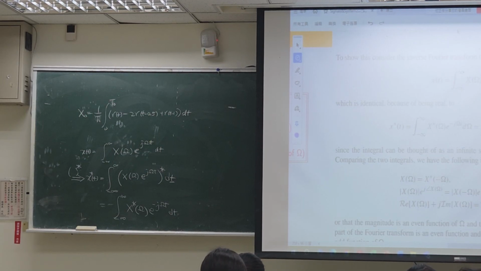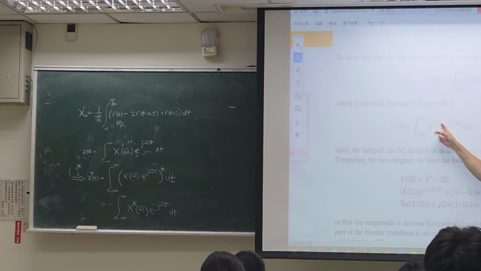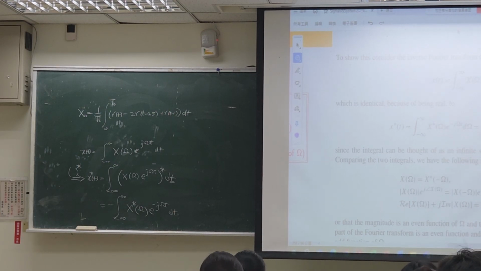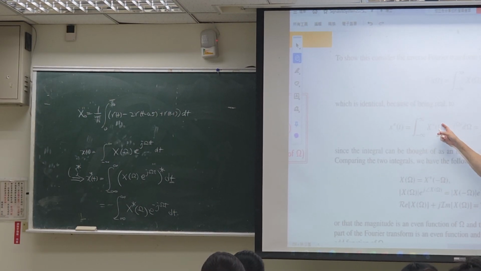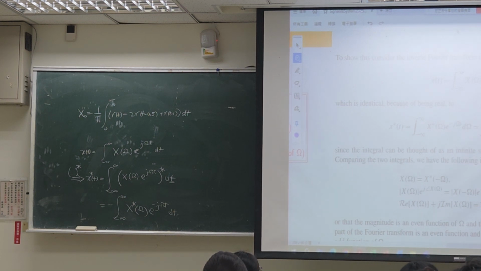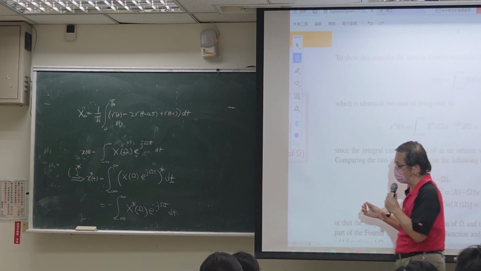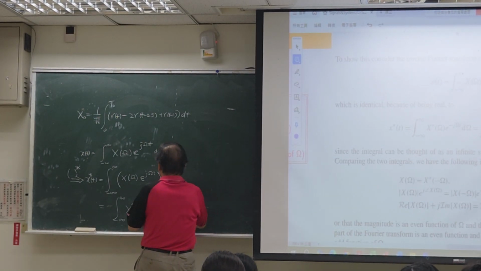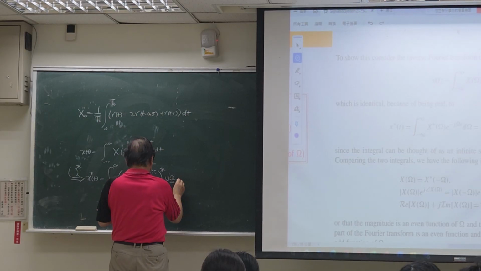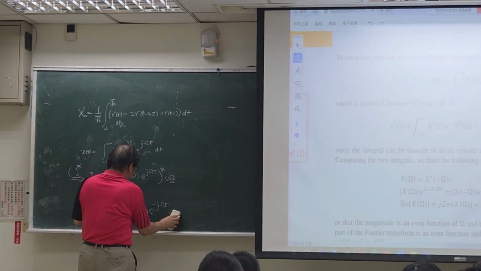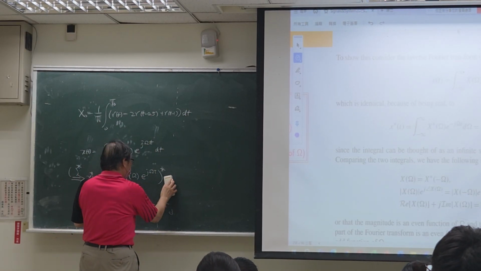Now here is the tricky part. If I change the frequency argument, I replace omega by negative omega prime. Let's change the dummy variable. Oh, sorry, this must be omega, I made a mistake.